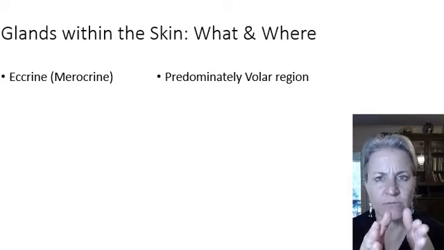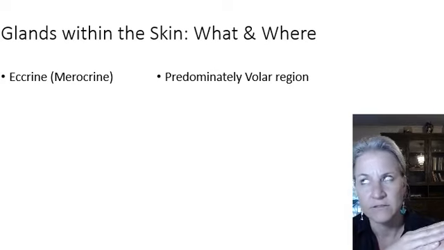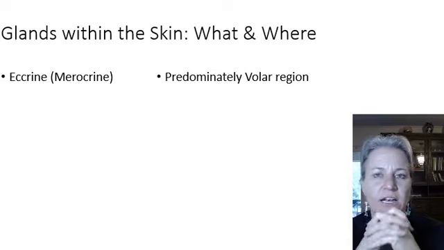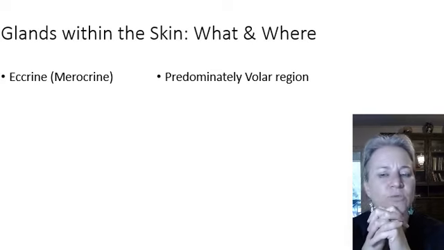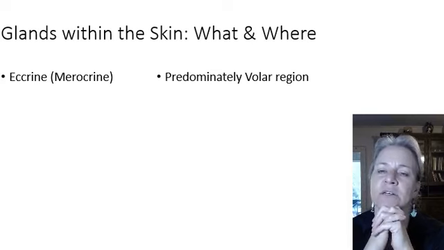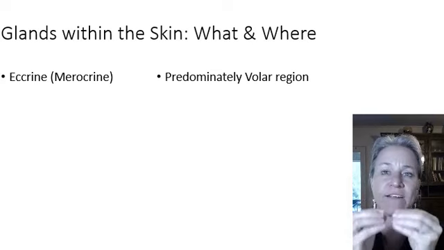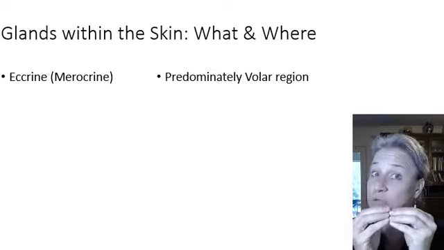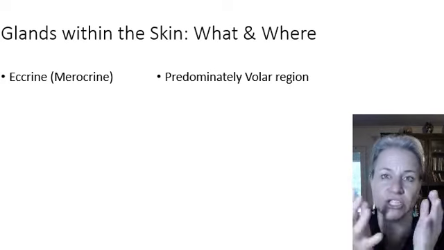Does anybody remember what is the volar region? Well, that was in the first lecture lab video. Where do you have this high concentration? Predominantly located means you have them in a very high concentration in this particular location. Where is the volar region?